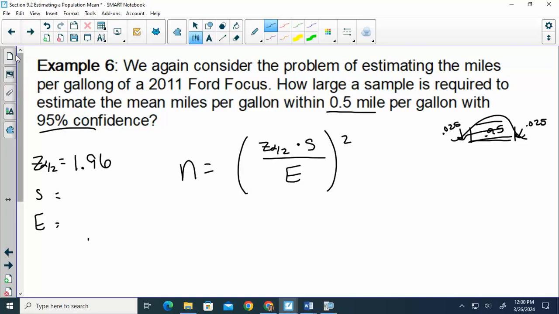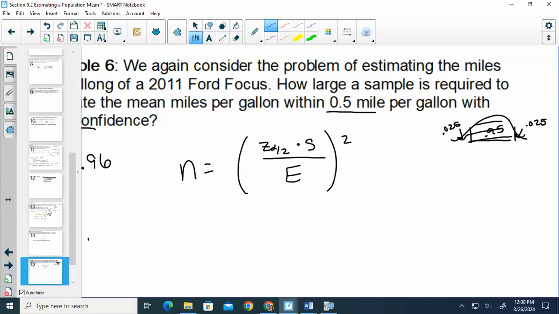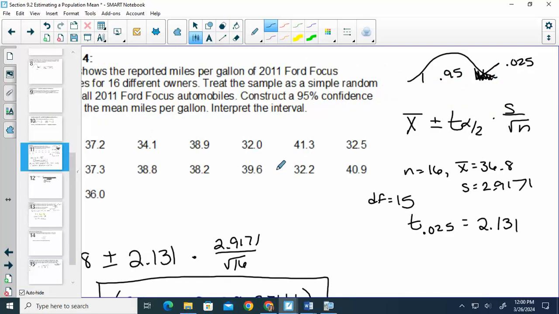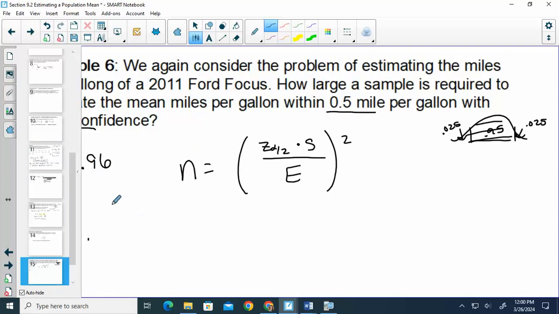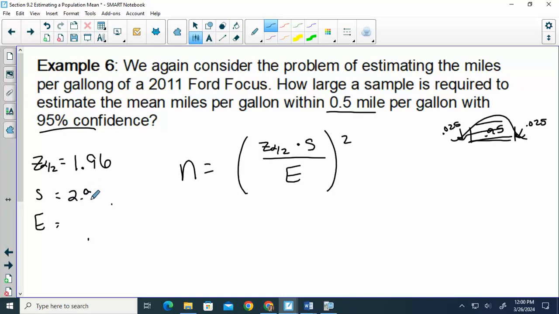The sample standard deviation, we did that in example 4, right? We found our sample standard deviation there to be 2.9171. So we got that from the previous example. How much error are we allowing for? 0.5.